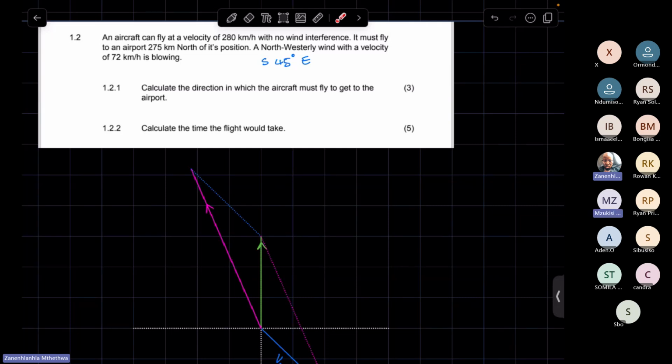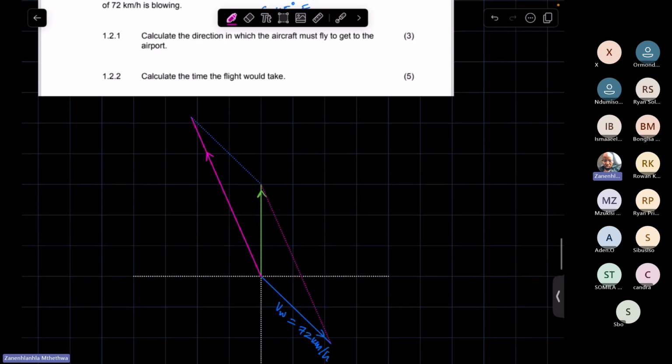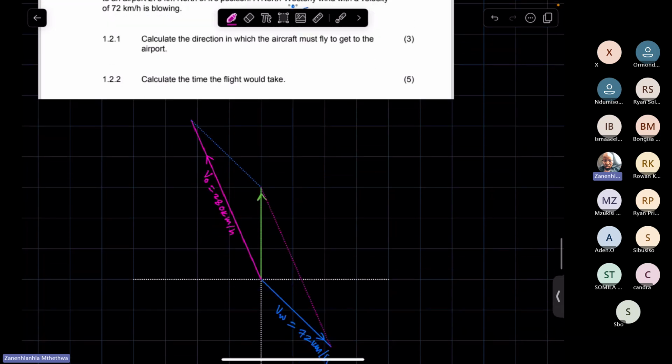All right. Do you get what I'm saying? Yeah, I do. Yes. Right. So this here is VO, which is 280 kilometers per hour. And then let us write down our angles.